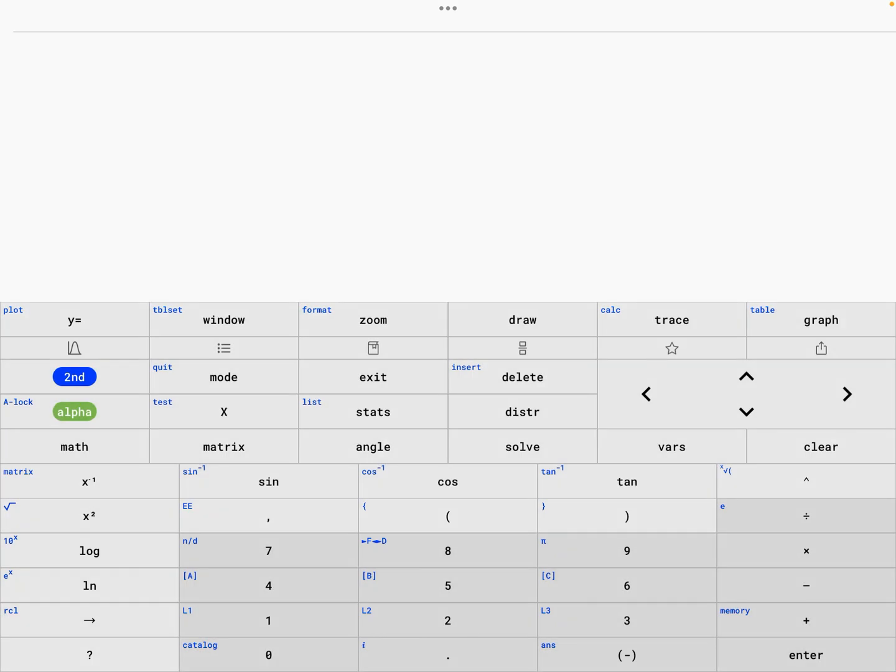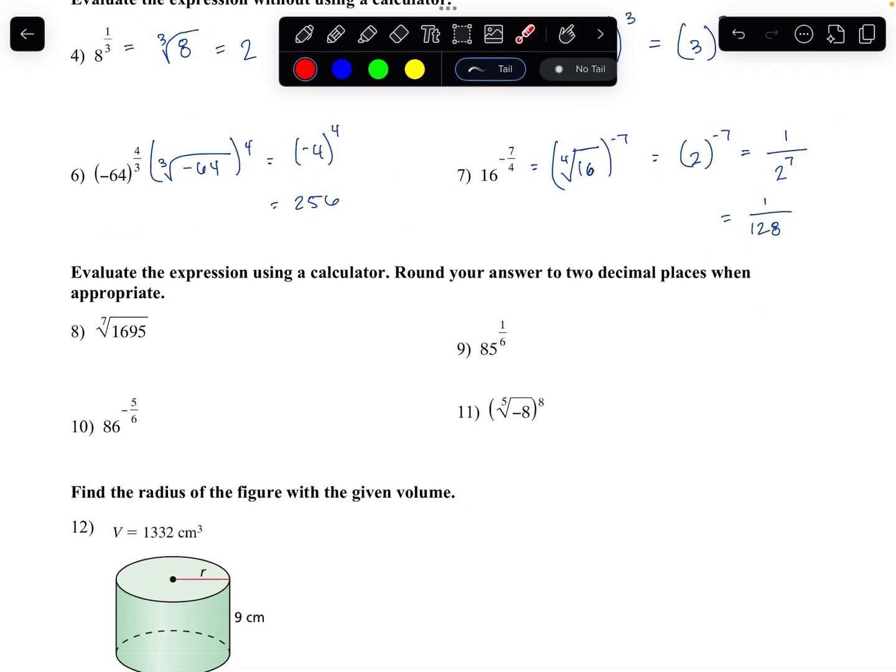If you don't have a calculator that uses seventh or any root other than square root, then what I'm going to do instead is I'm going to do 1695, and I'm going to raise that to the 1/3 power, and I get 11.923. So this right here is going to be equal to 11.92, since we're rounding to 2 decimal places.